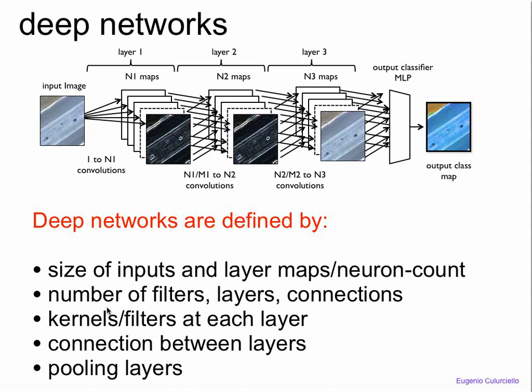You also want to figure out the number of filters, the number of layers, and also the connections between layers. So you want to figure out how many layers you are going to have. It usually depends on the invariance that you can get from one layer, and whether that's enough for your task.